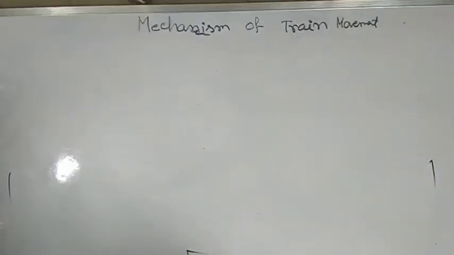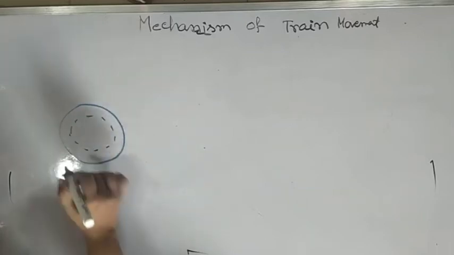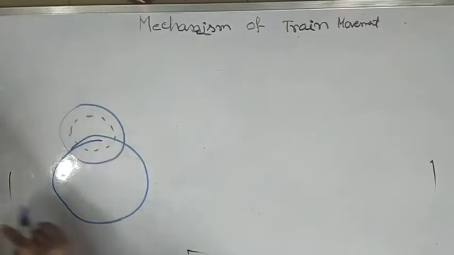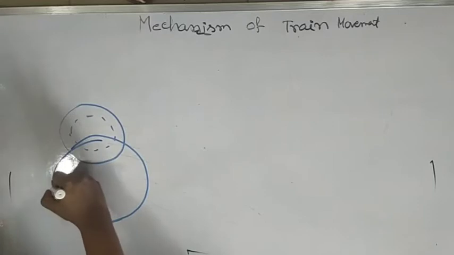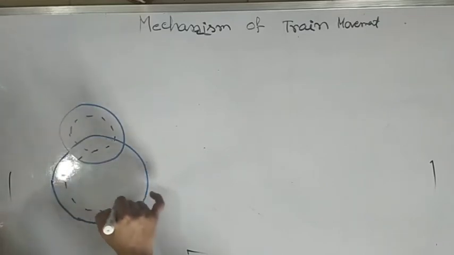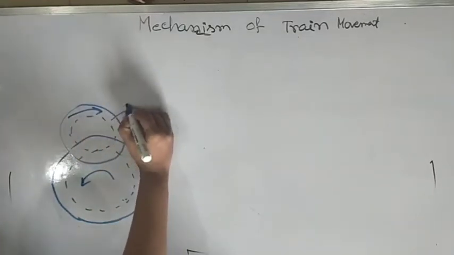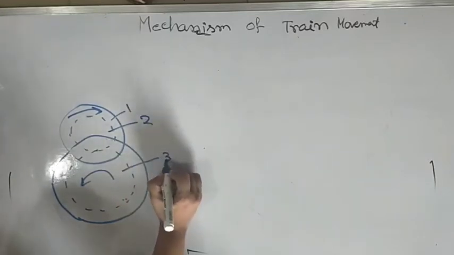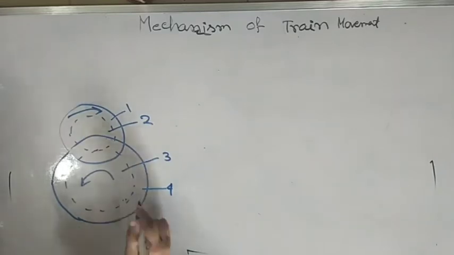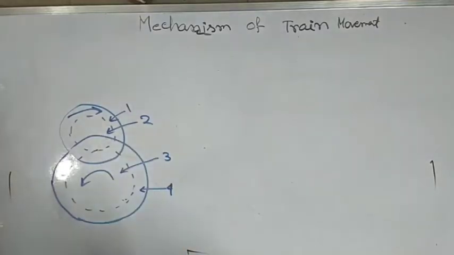Now first I draw a diagram. Now this area is 1, this area is 2, this area I number as 3 and this area 4.